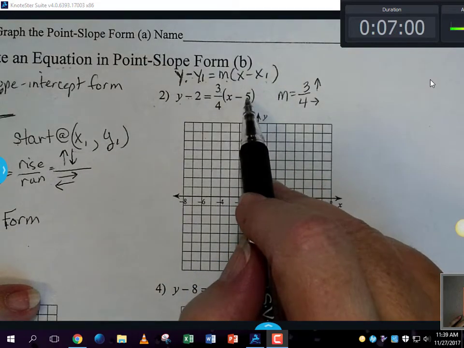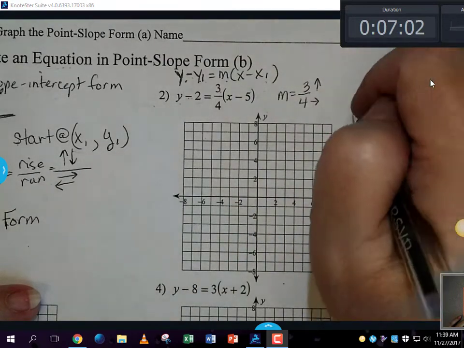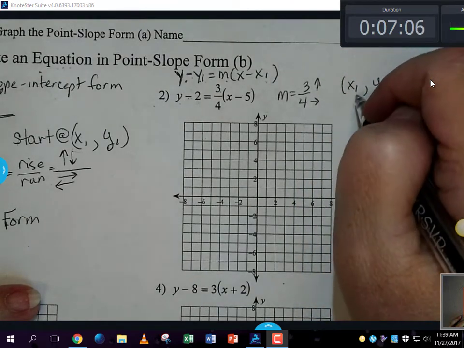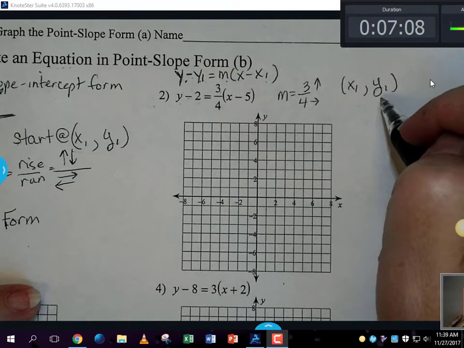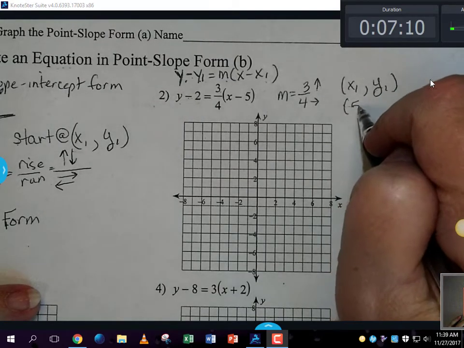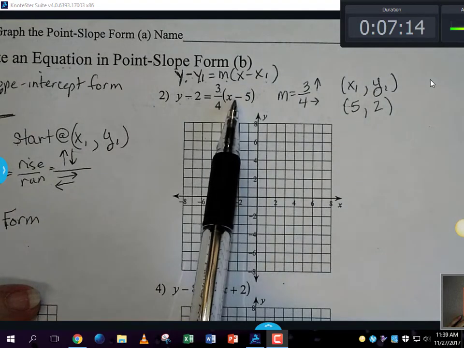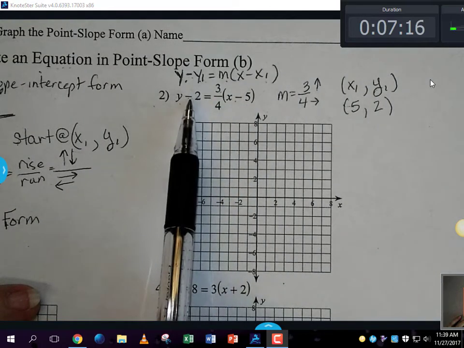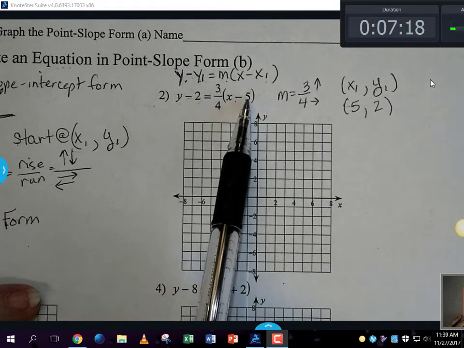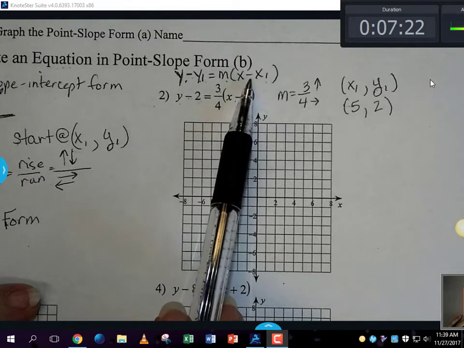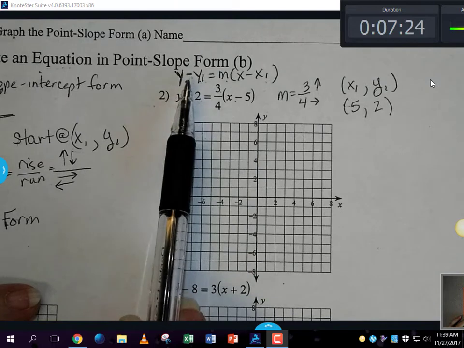X sub 1 is 5. So x sub 1 comma y sub 1 is going to be 5 comma 2. Notice, not negative 5 comma negative 2. Simply 5 comma 2, because the negative sign, or the minus, whatever you want to call it, is part of the template.